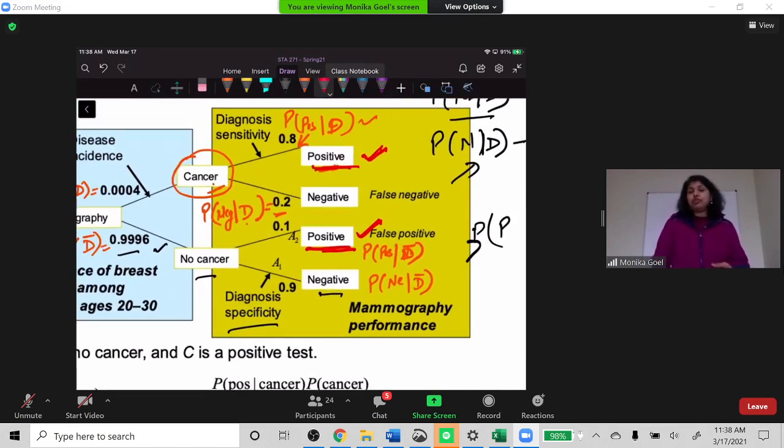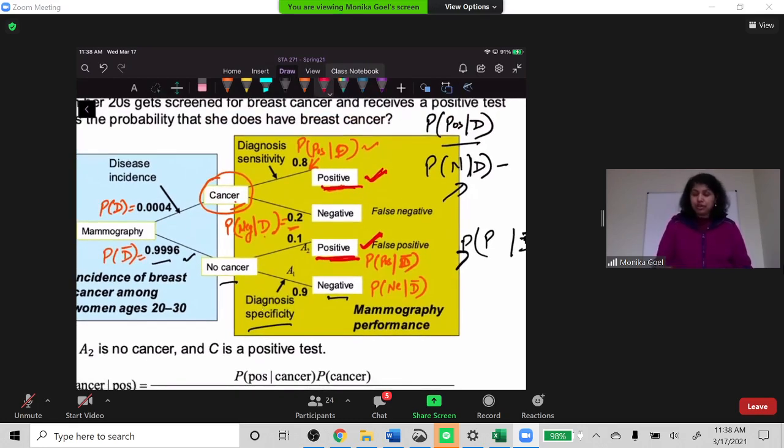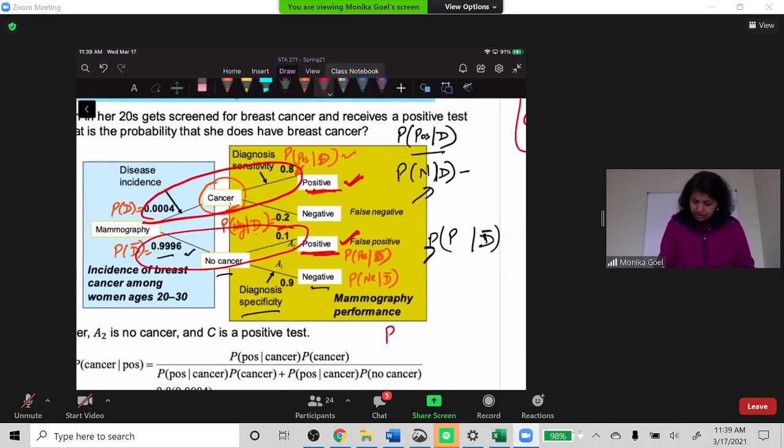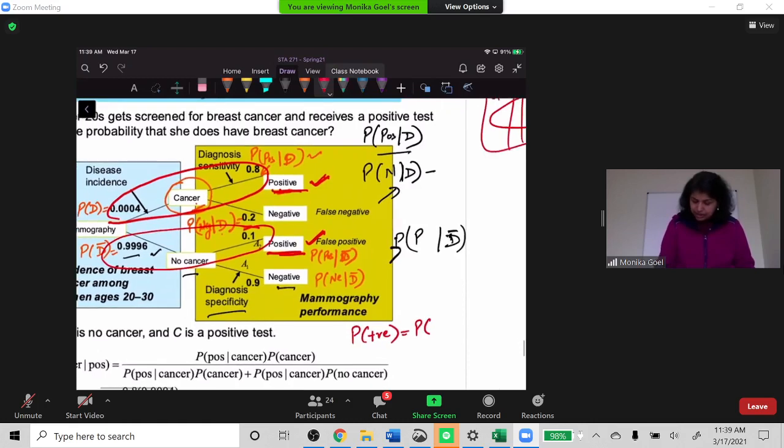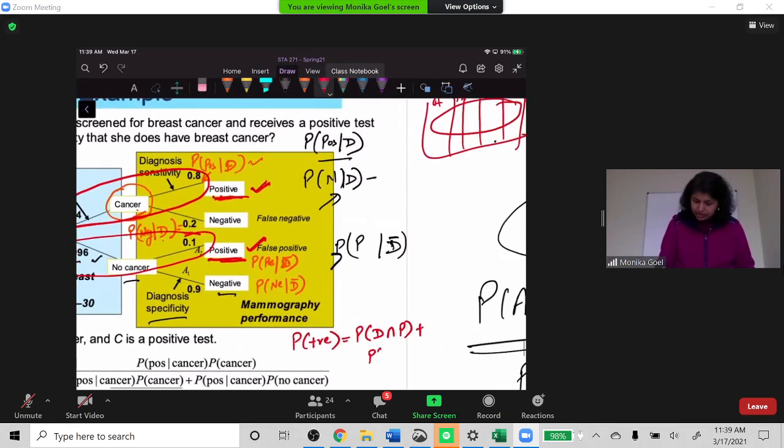So when we are looking for the probability of the test coming out positive, again, we are looking for the cases where the test is coming out positive. So it is the product of these two and these two. So the test coming out positive is the probability of D intersection the test coming out positive. What you can say is the probability that there is a disease and then the test comes out positive, and there is no disease but the test comes out positive, right?